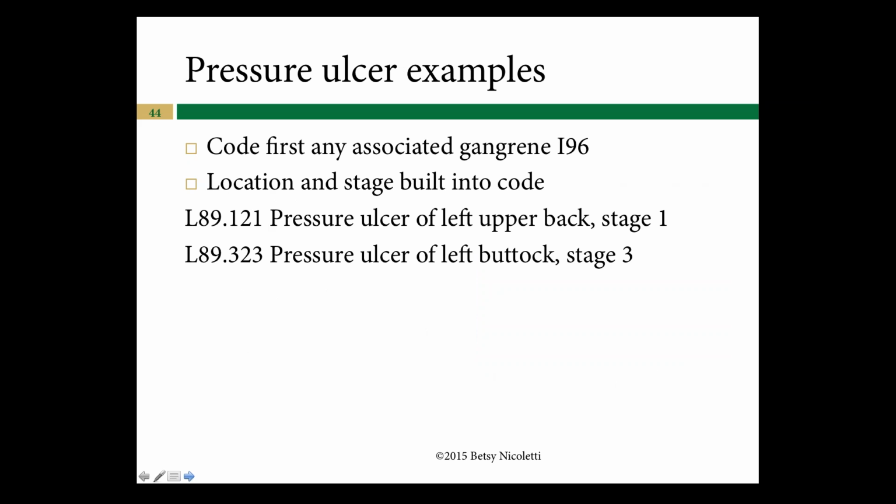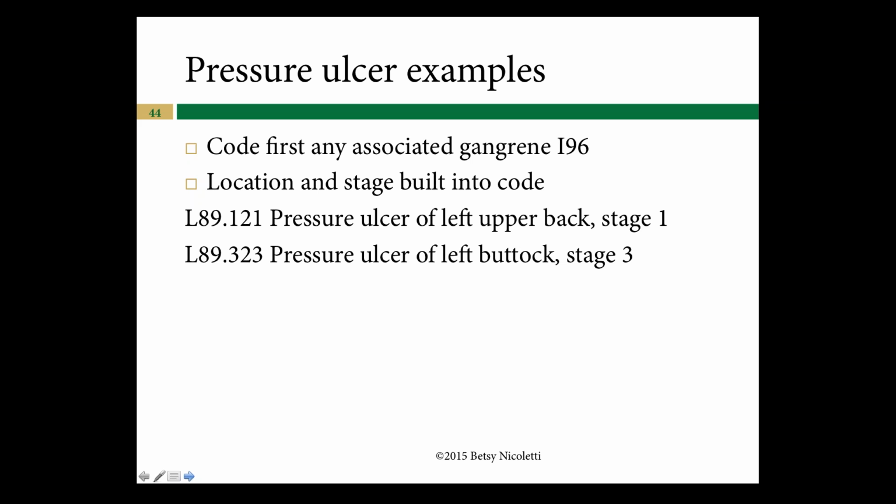When we see a pressure ulcer, when we go to the book, it tells us to code first any associated gangrene, and that's in I96. So if you had a patient with a pressure ulcer, we would go back and code that first. And here are just some examples. L89.121, pressure ulcer of the left upper back, stage 1.